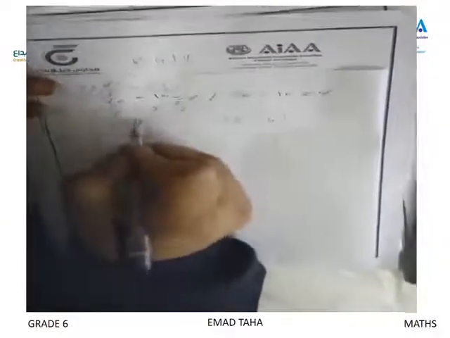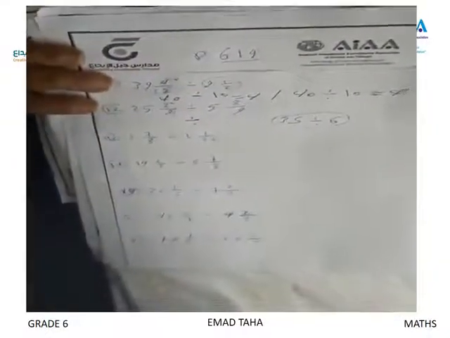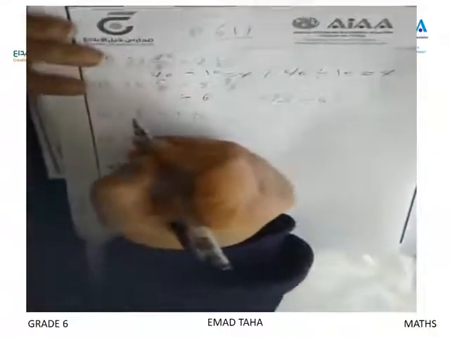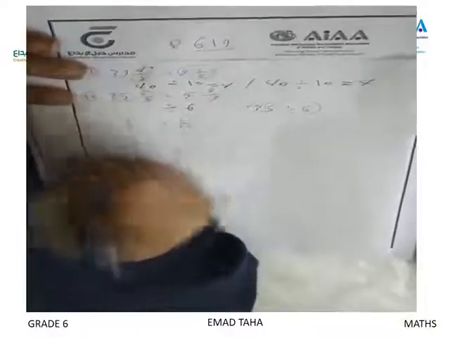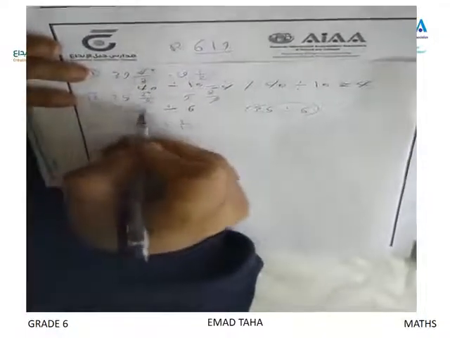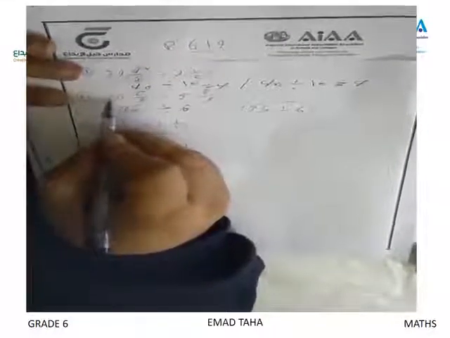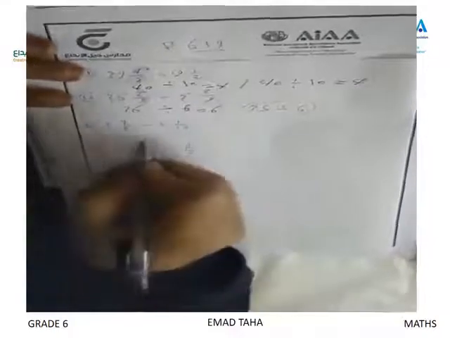Now we use the compatible numbers, and I think compatible numbers is a very common method for estimating. 5 and 8 over 9 equals 6. Which number closest to 35 can be divided by 6? Yes, 36. Table of 6, 35 is closest to 36. 36 divided by 6 equals 6.